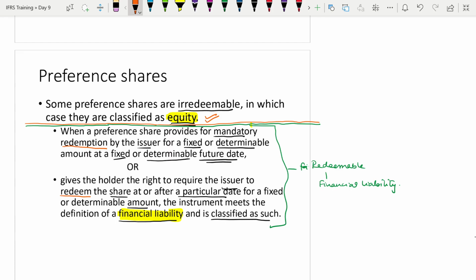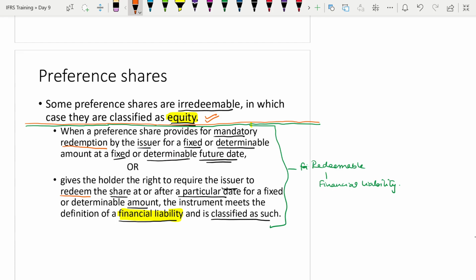If you see all the balance sheets and financial statements, you will not find any preference share capital. I have experience of reviewing very few, and that also in the rarest of the rare cases.